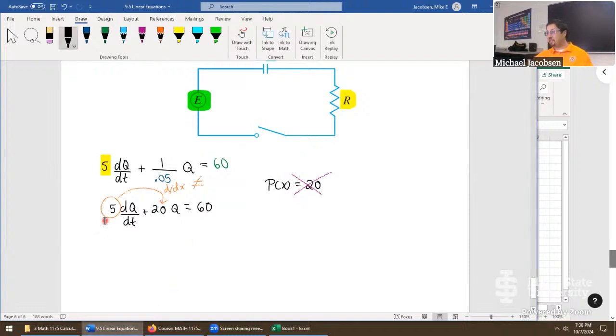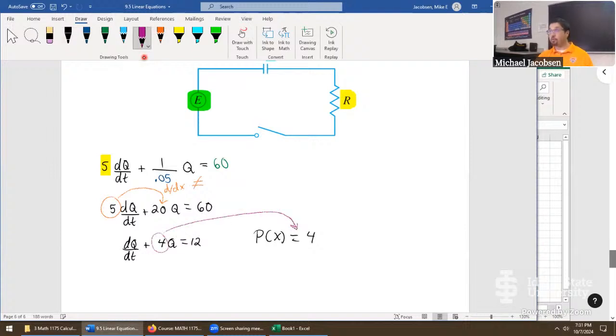So next step, divide by 5, and we have either q prime or dq dt plus 4q equals 12. So now we're in business. Let's reconvene on p of x. P of x is now equal to 4, coming from this part of the differential equation.